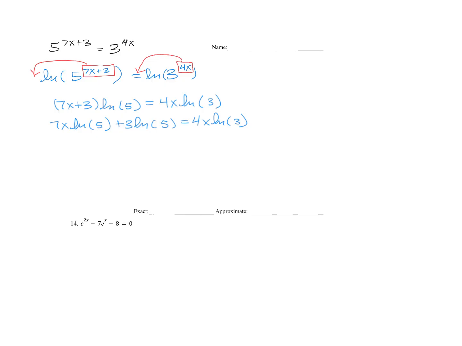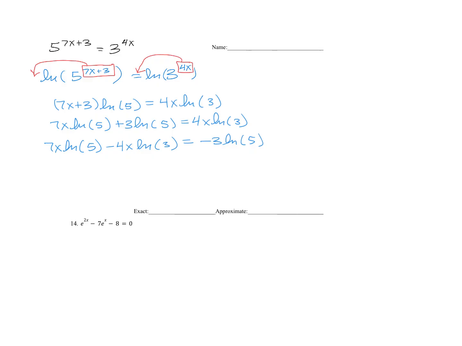And then I can subtract the 4x natural log of 3 from both sides and subtract the 3 ln 5 from both sides. So when I do that, I'm going to have the 7x natural log of 5 staying put minus 4x natural log of 3, which came over to this side, equals negative 3 natural log of 5.